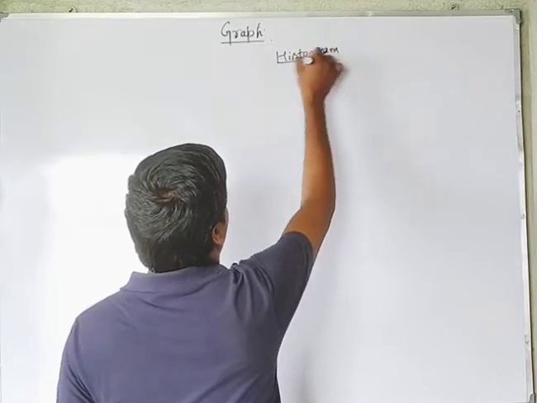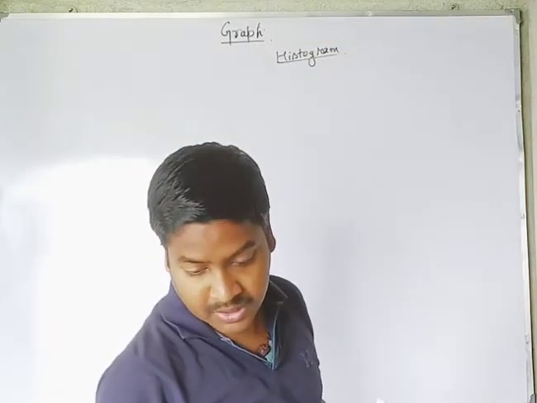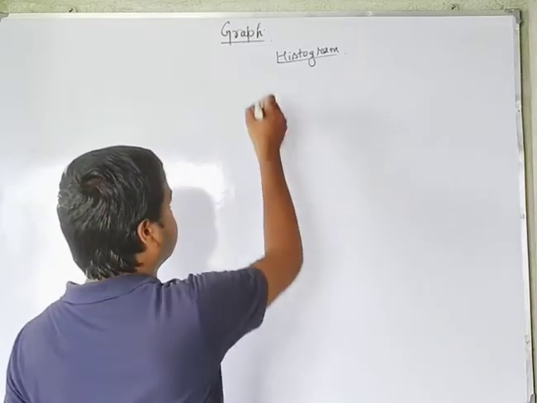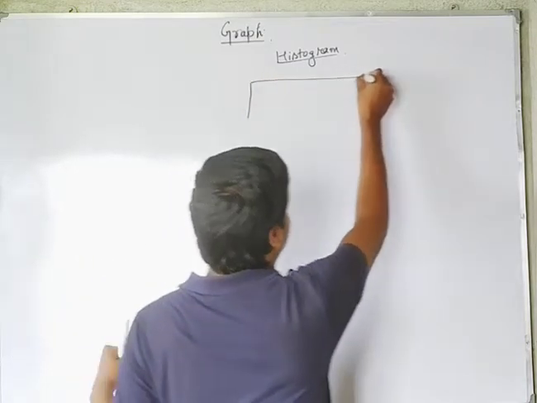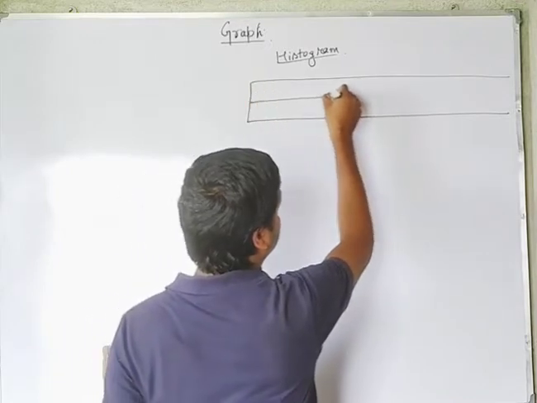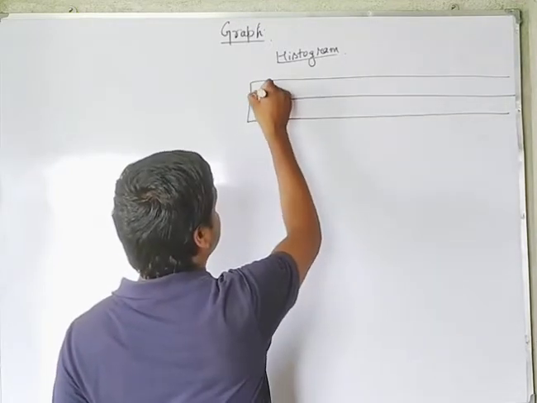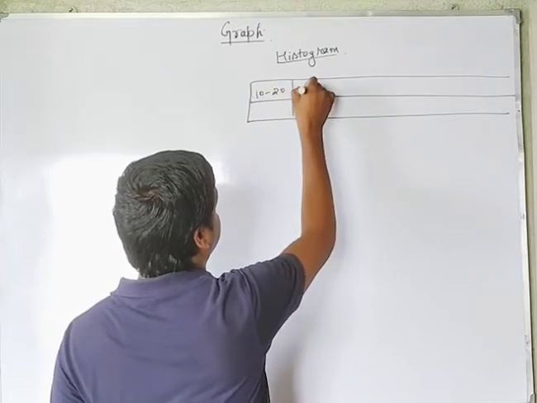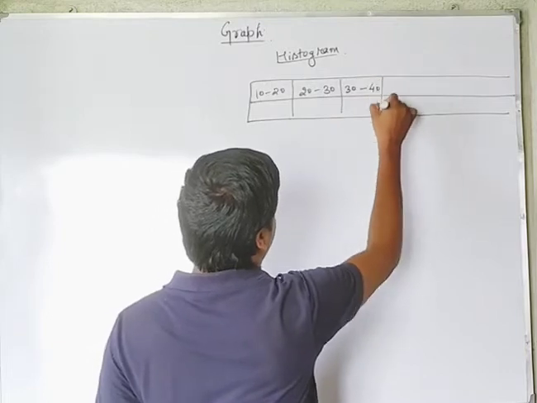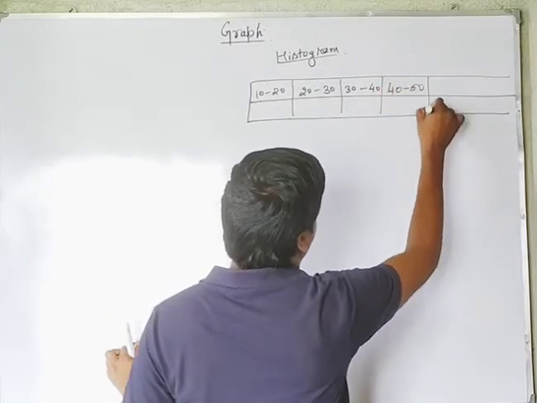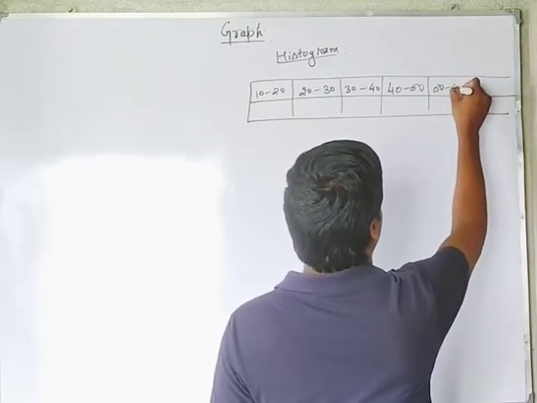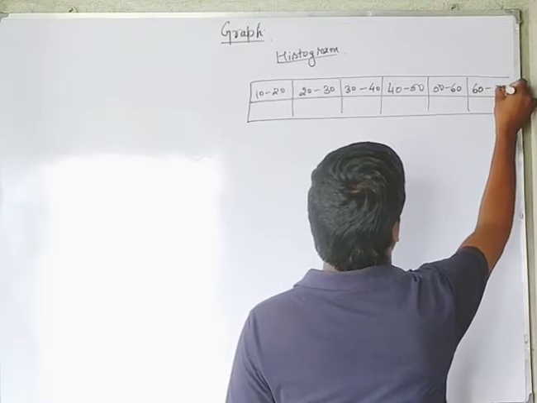Histogram and frequency polygon I will teach you together. Marks of some students are given, 10 to 20, 20 to 30, such type. This is our table. Marks are given here: 10 to 20, 20 to 30, 30 to 40, 40 to 50, 50 to 60, 60 to 70.